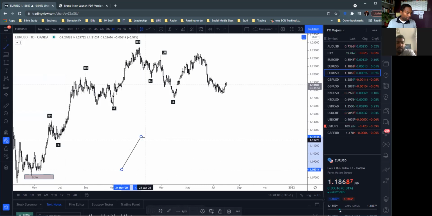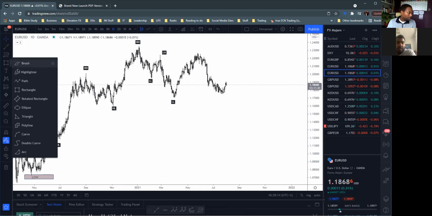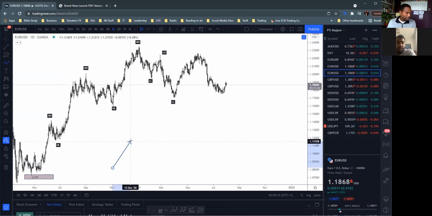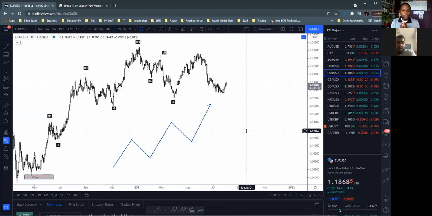Impulse, correction. Let me use a different tool. You'd have impulse, correction, impulse, correction, impulse. All right, let's leave it there for now. Now, importantly, I'm going to introduce a really kind of trading word that you might have never heard before.